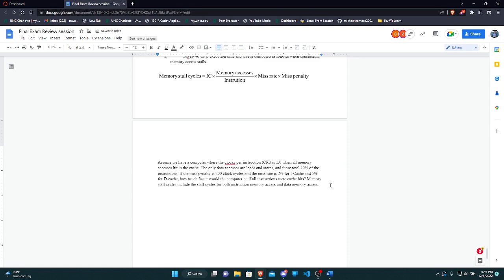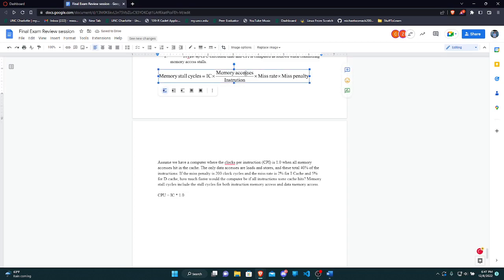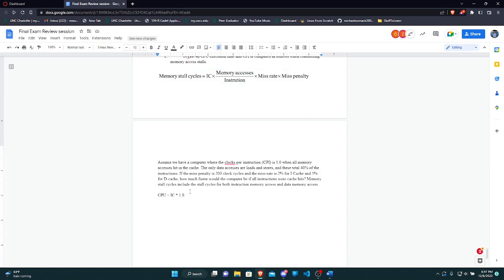Okay. So they give you a lot of information. CPU, where everything is a hit, is going to be IC times 1.0, because memory access over instruction times miss rate times miss penalty is not important, so you just do times 1.